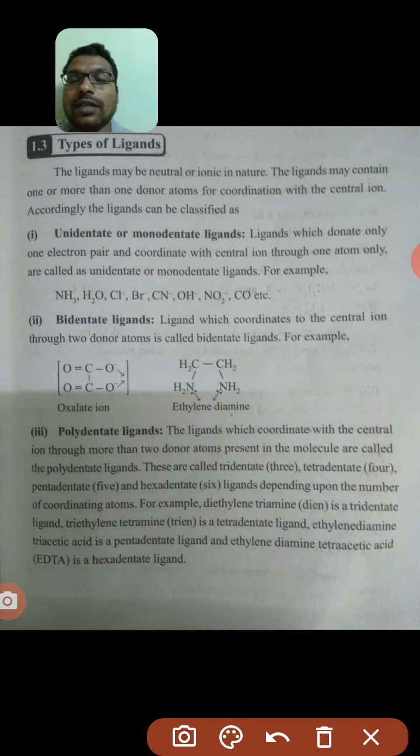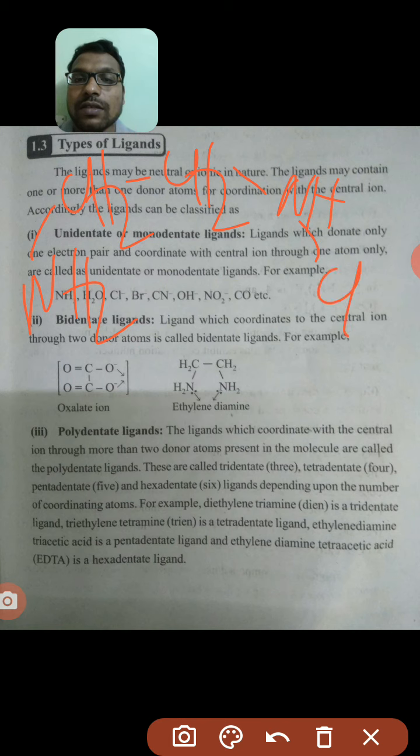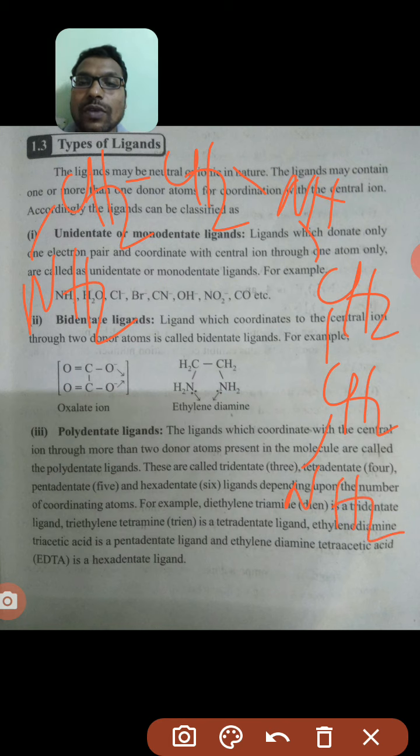Two ethylene groups. So we can write it like this: NH2, CH2, CH2. Next we can write NH, CH2, CH2, NH2. So this is nothing but diethylene triamine.